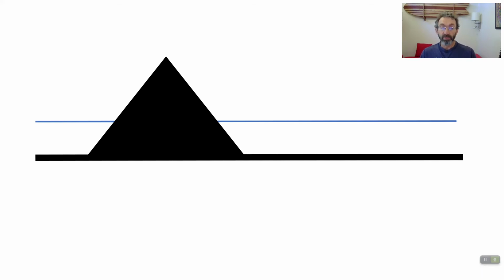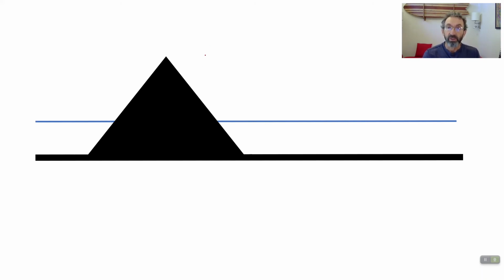So that's how tsunamis can be generated by big earthquakes, specifically those in subduction zones. But tsunamis can also be generated by landslides. And a classic example of a landslide generating a tsunami is a volcanic island suddenly collapsing. So we have an example here of a volcanic island poking up above the ocean surface.